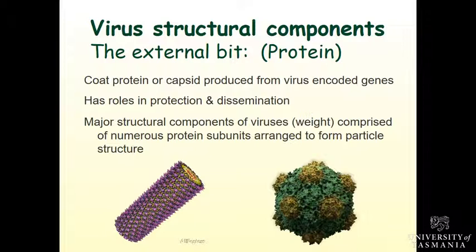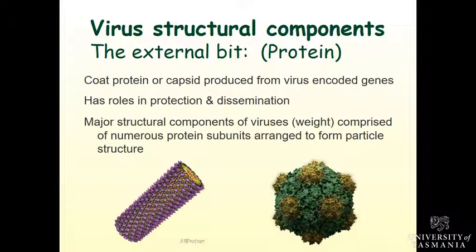It's also important for spread, for dissemination, for movement from plant to plant to plant, because this is the external part of the virus. If all it can do is invade one plant, then it's not a particularly effective pathogen and it won't survive. As soon as that plant dies, it dies. So it's got to get from that plant to the next plant, and it does so by a variety of means, and we'll talk about that in a minute.